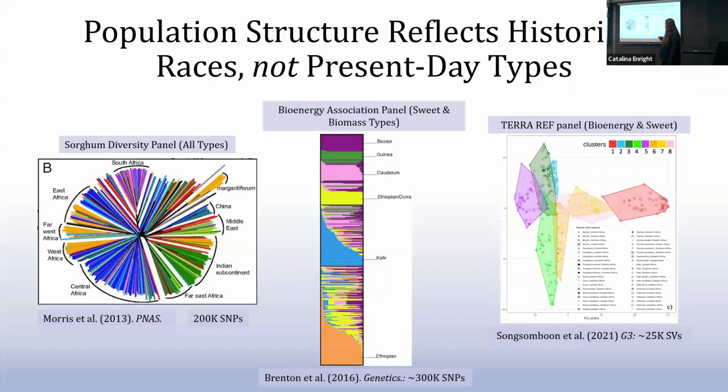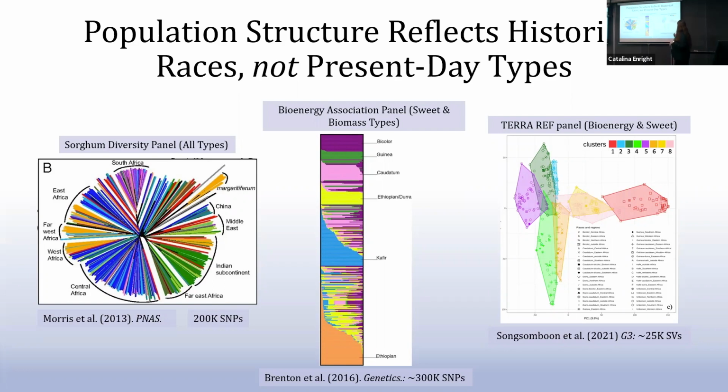And what you can see with the clusters is that they very much genetically cluster with where they are from. This is a set of only bioenergy types. And they very much cluster by location. Here's a bunch of Ethiopian ones, and by that historic race. So this is the Kafir varieties, the southern varieties. Here's the original bicolors, and the Guineas, which are the western sorghum.